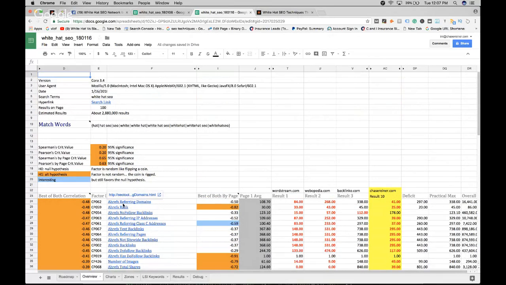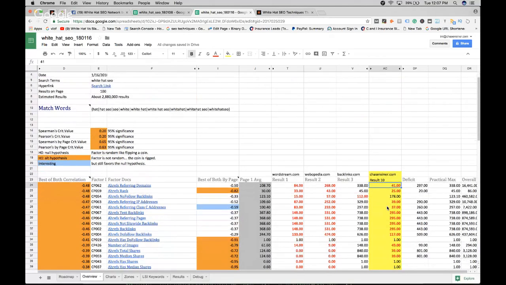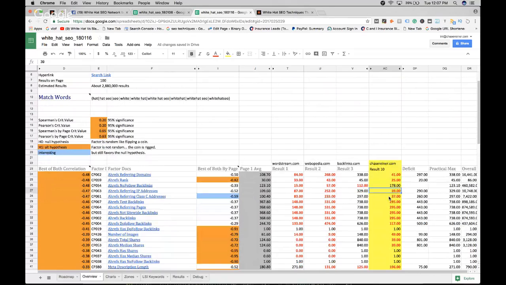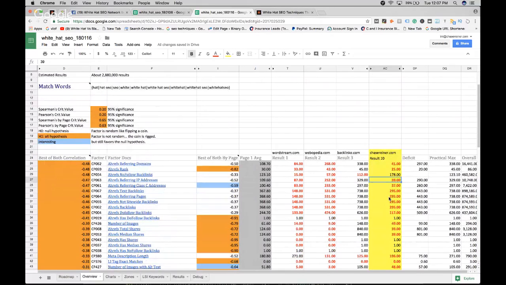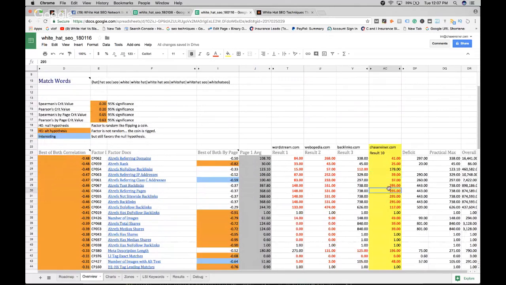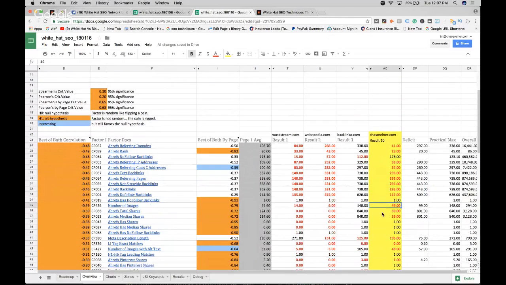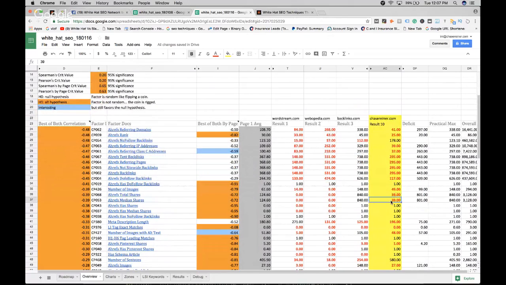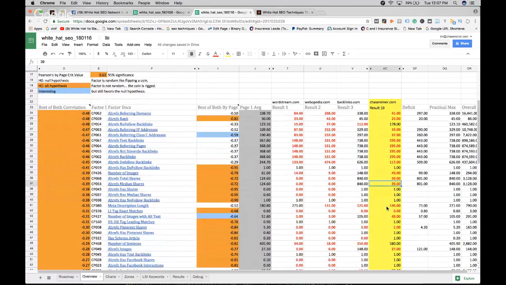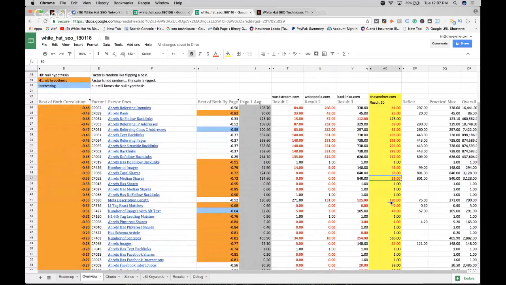So what we have here, if you scroll to the top of this data table, your Trek domain is in yellow. That's the website that the roadmap was tuned for. And any of the numbers in red mean they have a deficit. They're below the practical maximum. The practical maximum, which is 2 columns over, is determined by finding the largest value from results 1, 2, or 3 in the page 1 average.